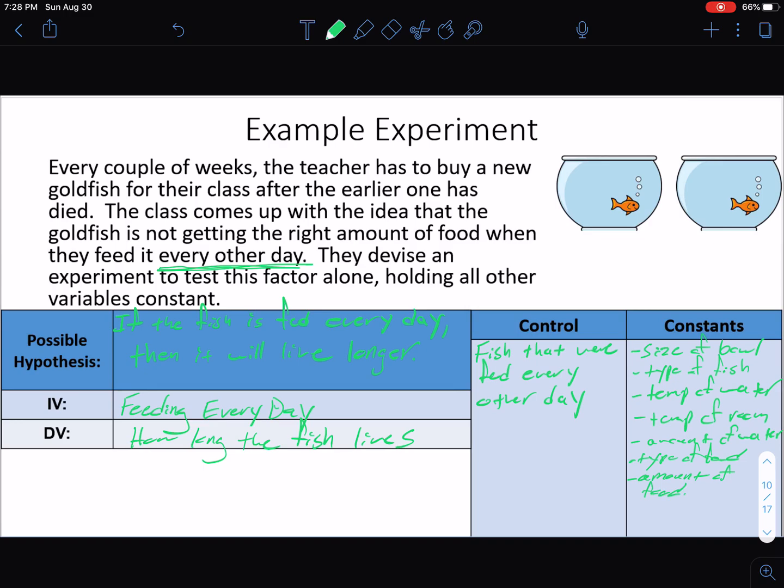Again, I apologize for my sloppy handwriting. And these could go on and on.